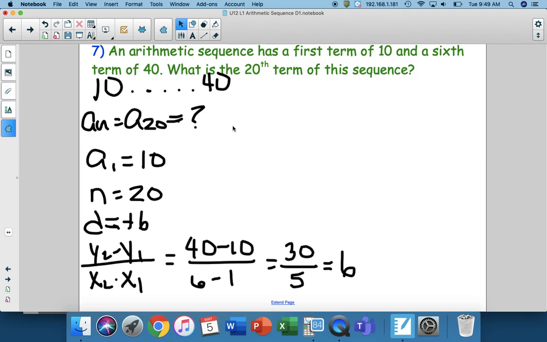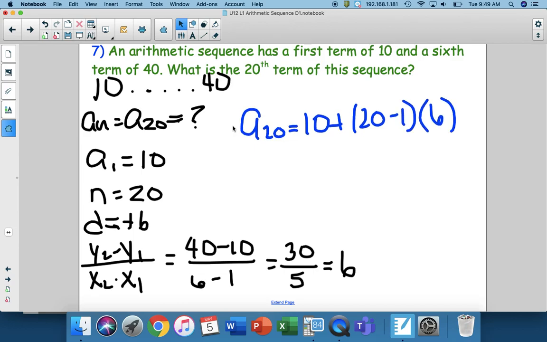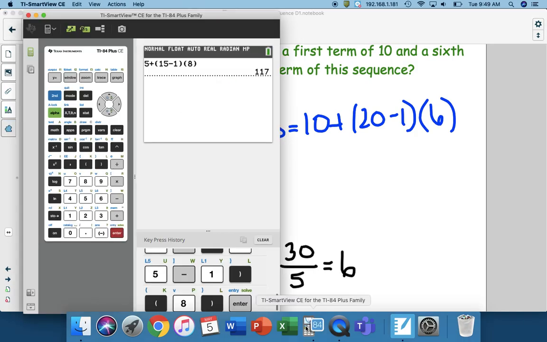Once again, we're going to blue because we're going to put in our equation and answer. So we have a20 is equal to 10 plus 20 minus 1 times 6. Remember, 10 is our first term, 20 is the term we're looking for, 6 is our common difference.